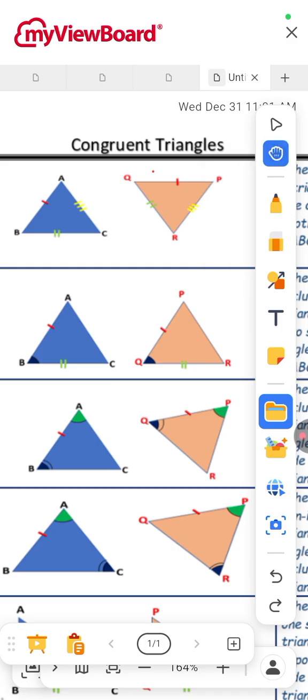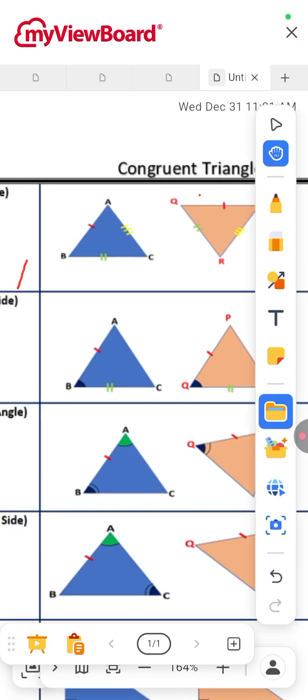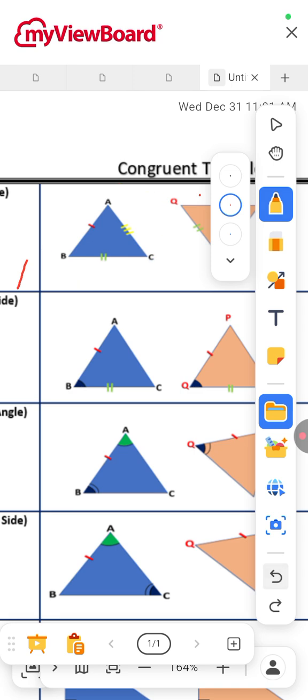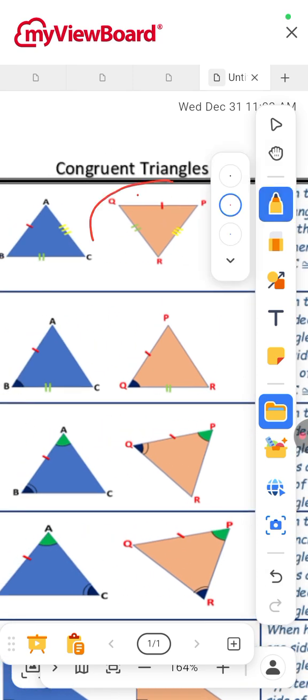Okay, so we say that three corresponding sides are equal, or three sides from one triangle are equal to the three sides from the other triangle.